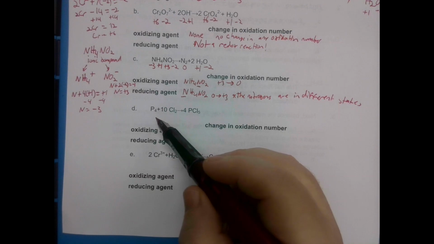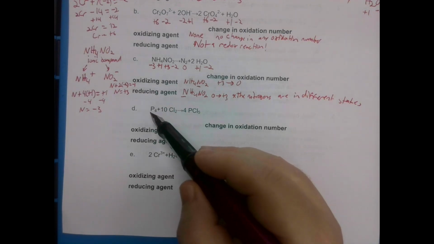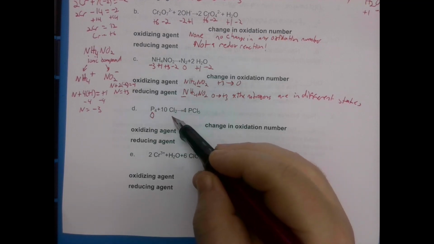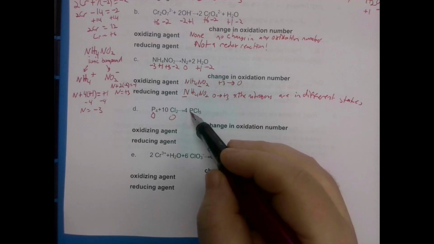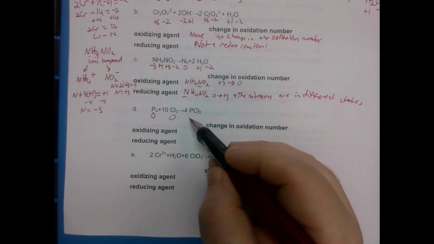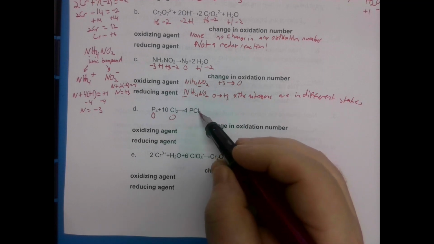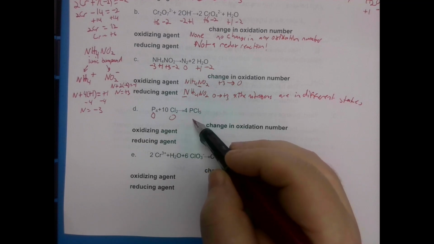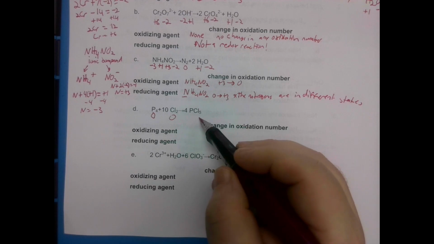So phosphorus, what's its oxidation state? Chlorine. Phosphorus here. Or what about chlorine? -1.